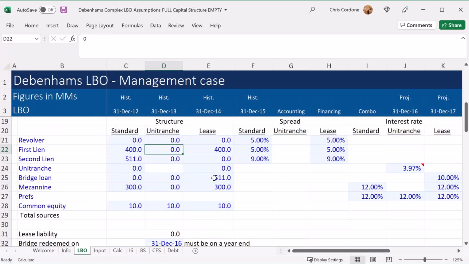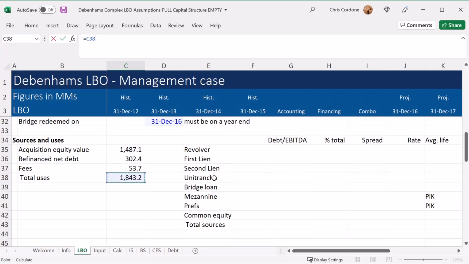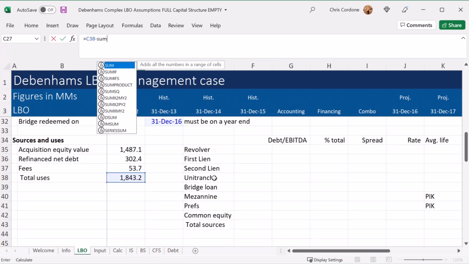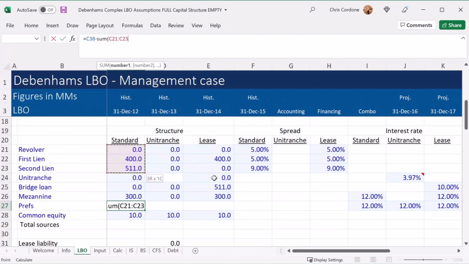Now that I know what my total uses are, I need to go in and fill in what the preferred amount is going to be based on those uses, and also I'll be able to fill in my unitranche as well. So for the preferred amount, that's simply going to be equal to the total uses less the sum of all of the other kinds of debt.